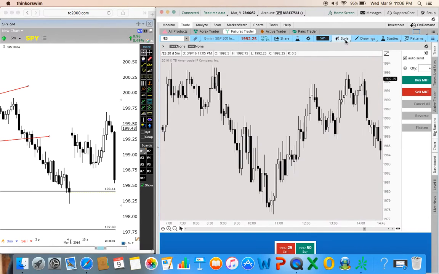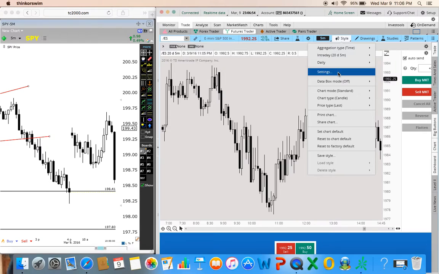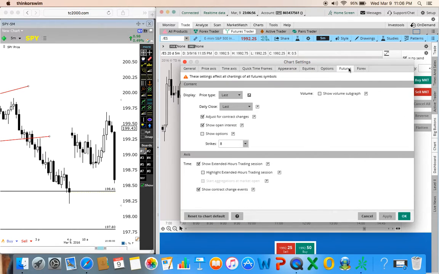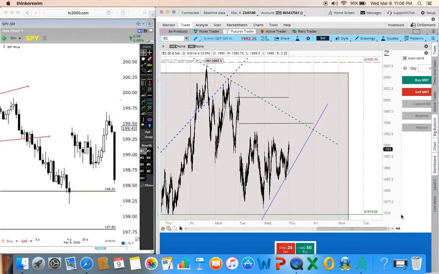If you see, on a 5 minute chart, we did not poke through this blue trend line until the end of the day.